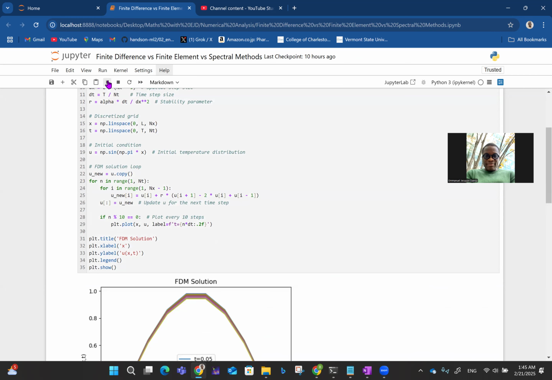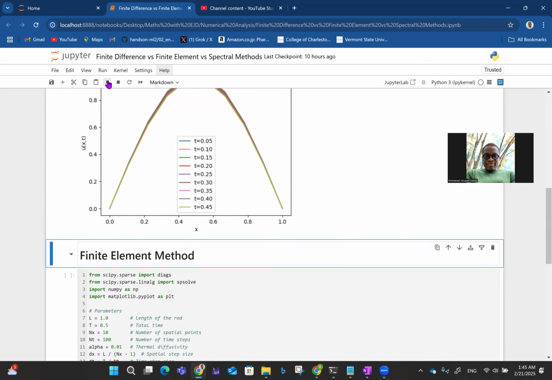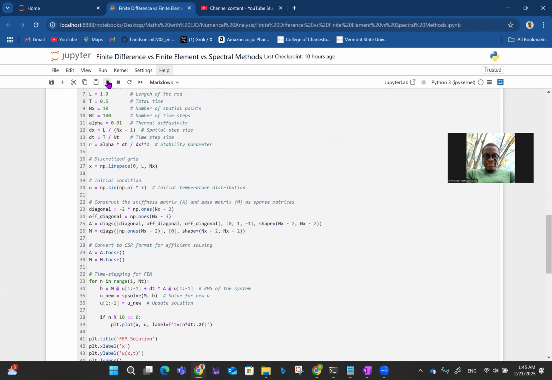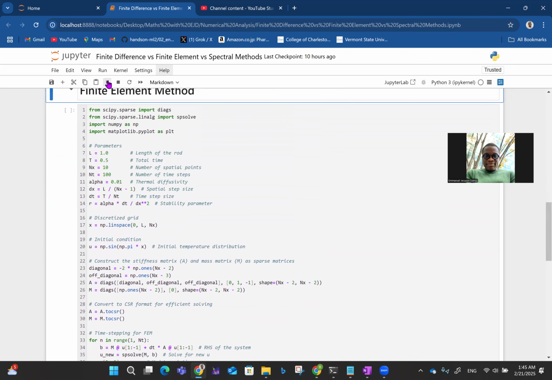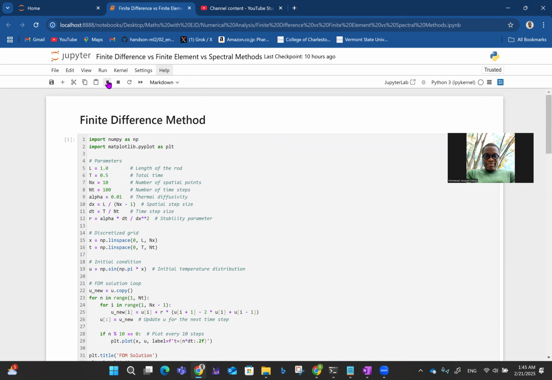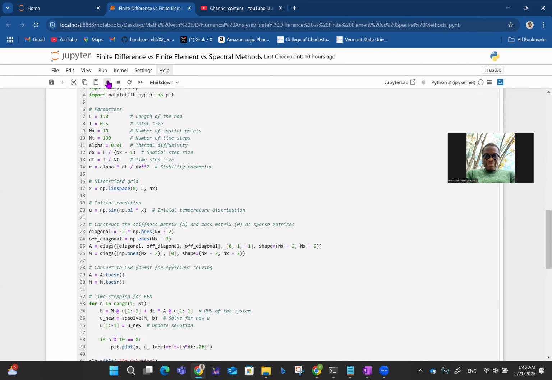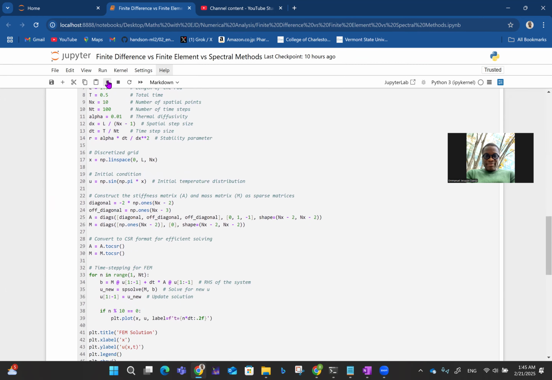I'm talking about finite element now. Same L, same total time of 0.5. So everything is the same apart from the implementation.